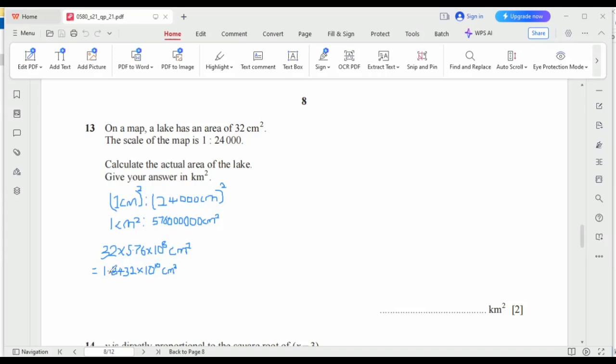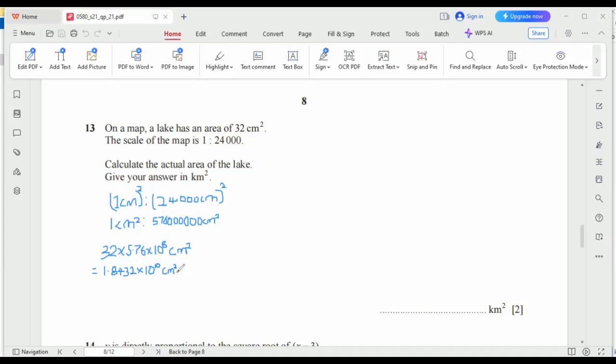It's 18,432,000,000. I don't just want to keep writing zeros and zeros here, so that's why I'm doing it like this. So this is the answer in cm squared.